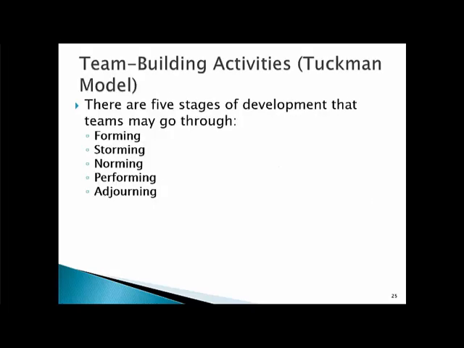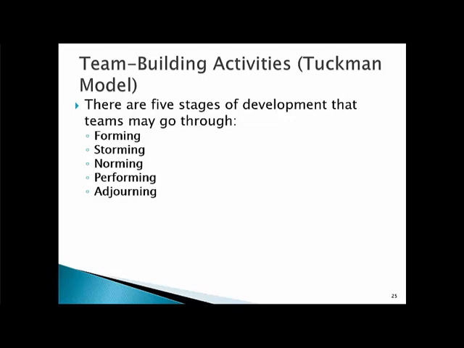To build the team, we can use the Tuckman model of team building activities, which has 5 stages of development: forming, storming, norming, performing, and of course adjourning the team. Forming is the phase where the team meets and learns about the project and their roles and responsibilities.